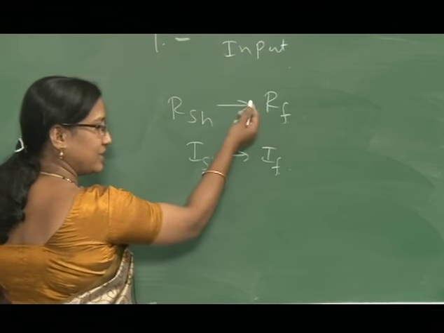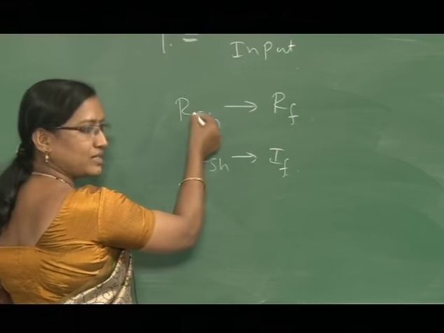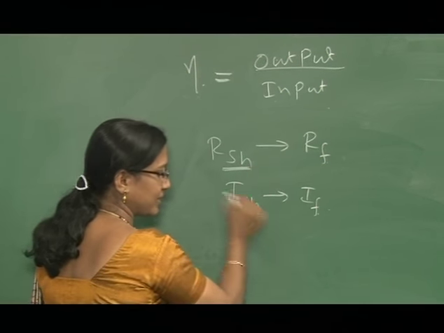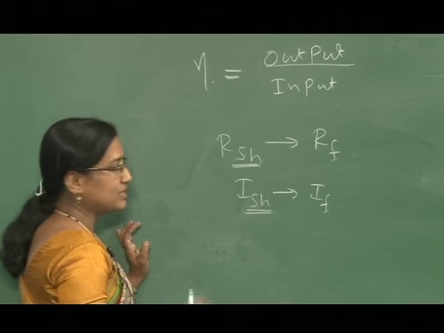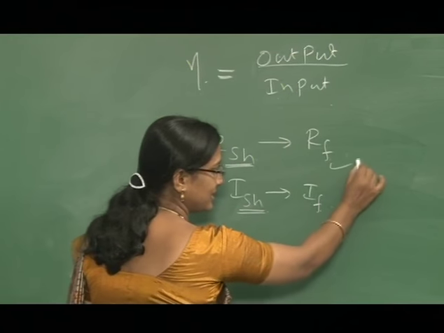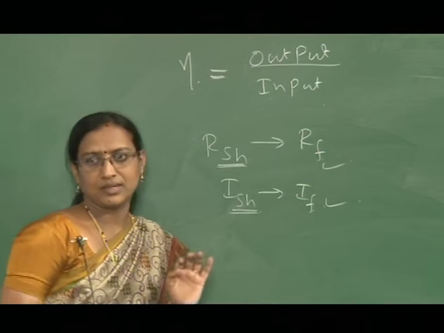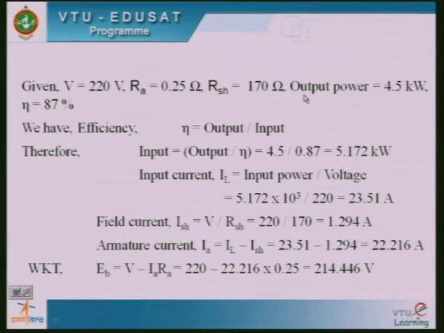Since we have connected the field winding in parallel, or in shunt, with the armature, we have used RSH and the current flowing through it, ISH. In some of the problems they will use this type of subscripts, meaning the parameters represent the particular field. Output power is given, it is 4.5 kilowatt, efficiency is 87%.